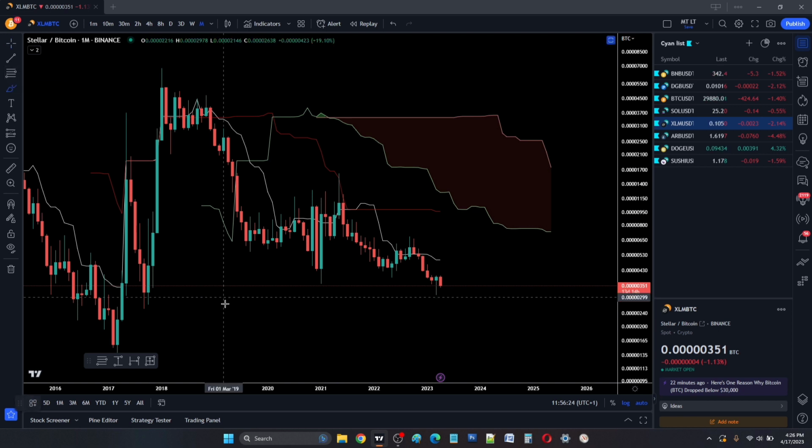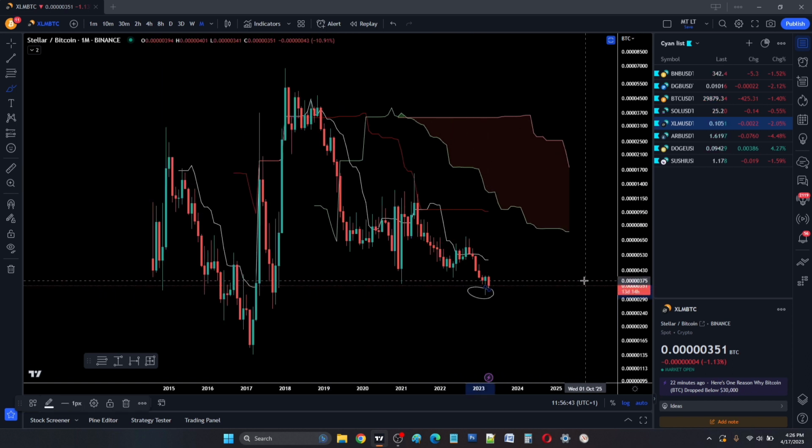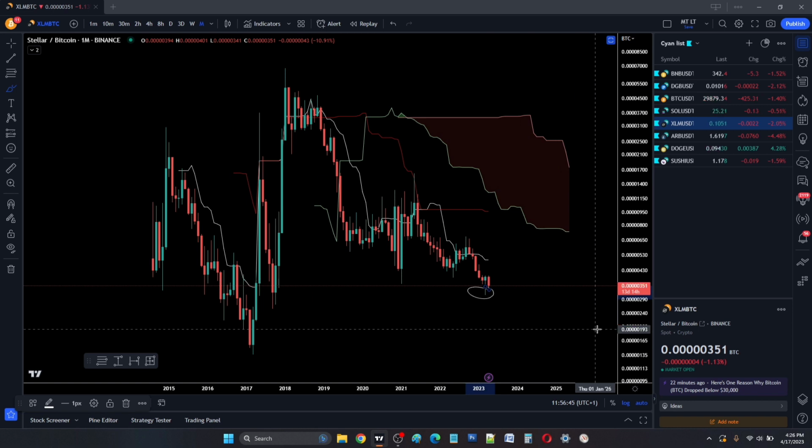In 2019 I didn't see Stellar Lumens going below 358 sats, but we even touched 309 sats. That was kind of heartbreaking to see, but it was a great opportunity. Even now we are at 351, which is still less than the 2021 low.